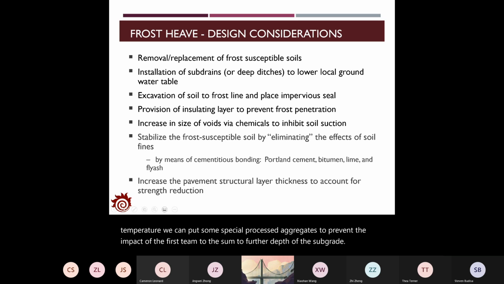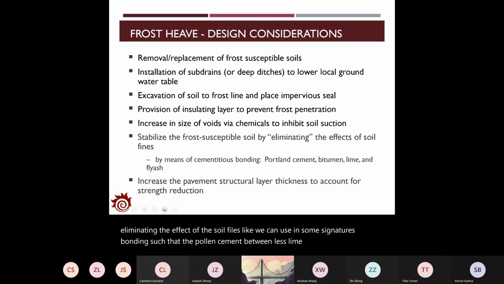And the other ways, like we can increase the size of the voids with some chemicals to inhibit the soil suction, and this will reduce the water contents in the soil. And also we can stabilize the frost-susceptible soil by eliminating the effect of the soil fines, like we can use some cementitious bonding, such as Portland cement, bituminous, lime, and so on.